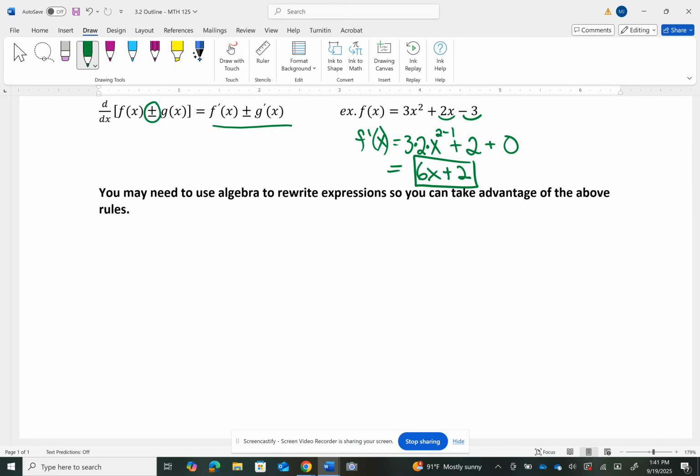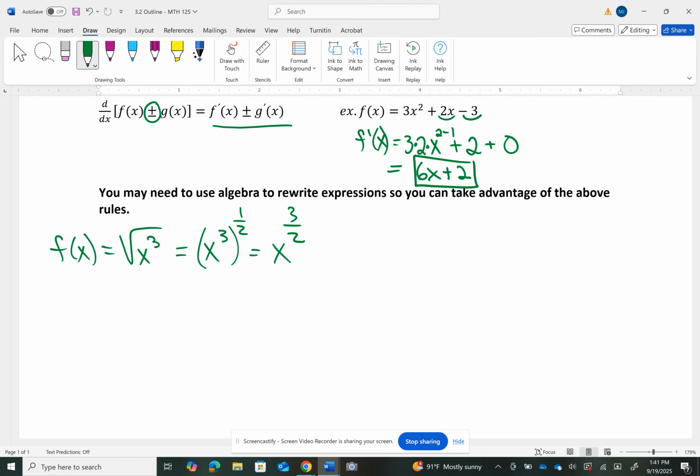If you can create little mini power functions, then that means you can make use of the simple power rule. So if you had something like the square root of x to the third, you need to get used to doing things like that. That would be the same as x to the third raised to the 1/2 power, which is the same as x to the 3/2.